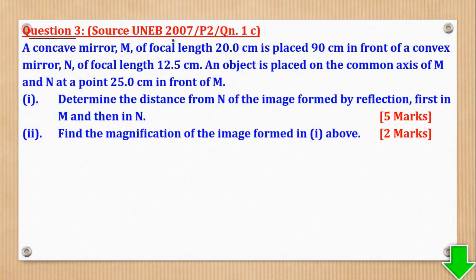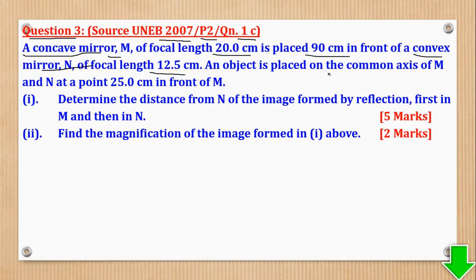Question 3 came from UNEB 2007, paper 2, question 1C, and says a concave mirror M of focal length 20 centimeters is placed 90 centimeters in front of a convex mirror N of focal length 12.5 centimeters.